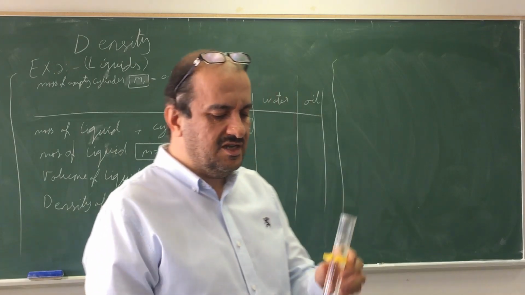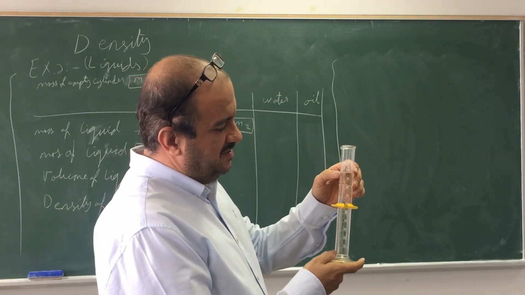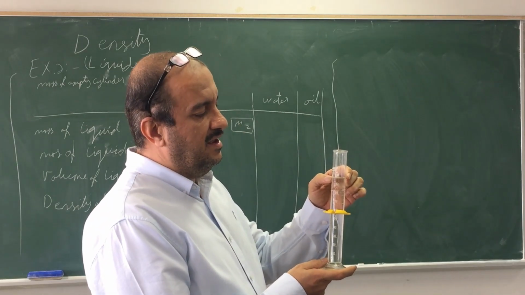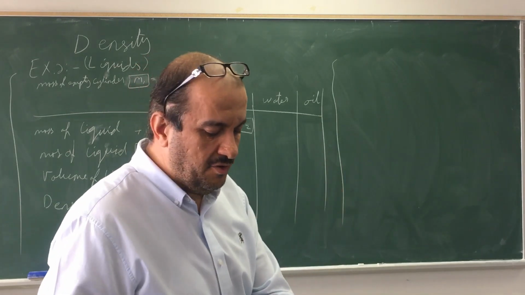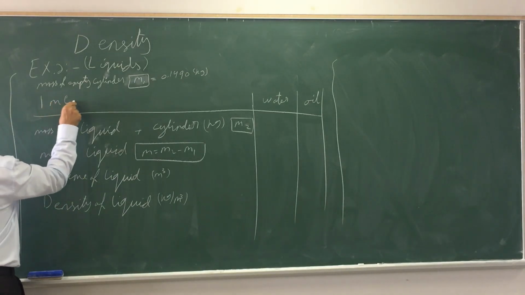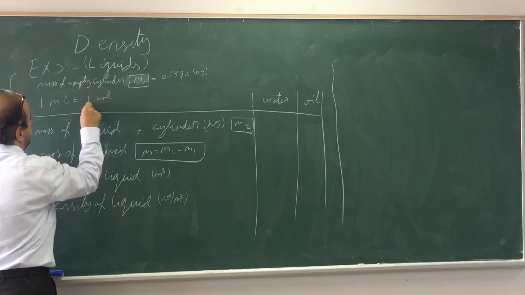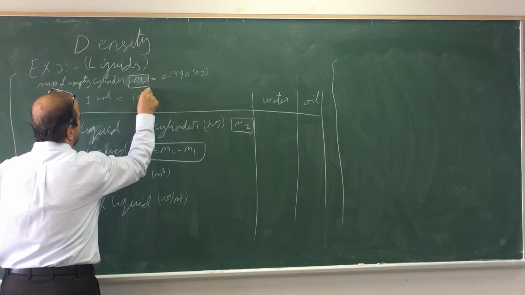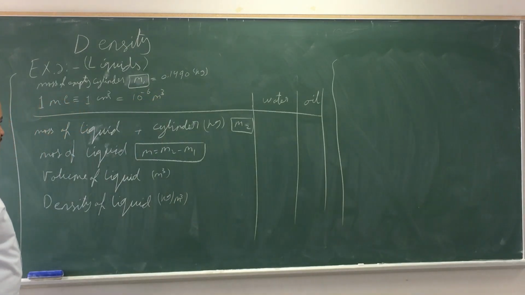Here we will use this graduated cylinder, which gives us the height, but the height here is a dimension in volume because it measures the value in milliliter. And for the conversion factor, 1 milliliter is equivalent to 1 cubic centimeter, which is equivalent to 1 multiplied by 10 to the power minus 6 cubic meter, the SI unit of volume.